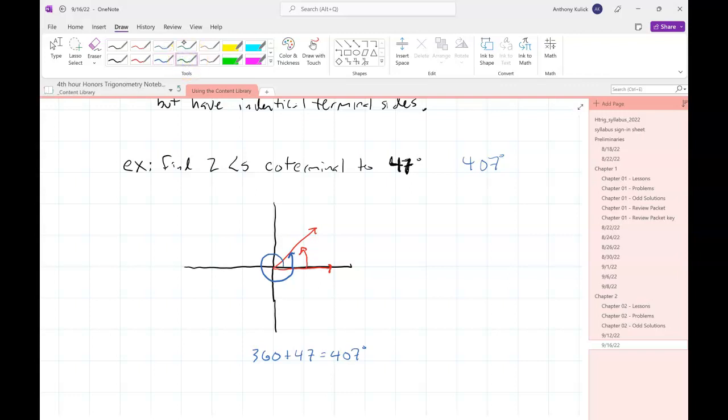And if I want another one, what can I do? Instead of doing one full rotation to start, I could do two. So one rotation, two rotations, and then 47 degrees more. Gets me to 767.